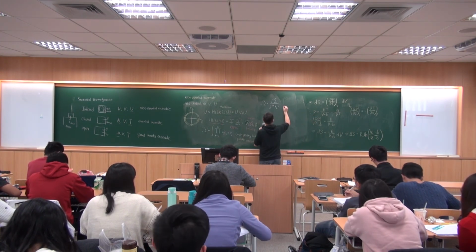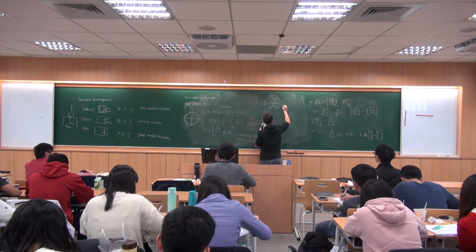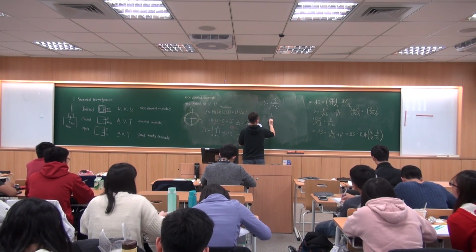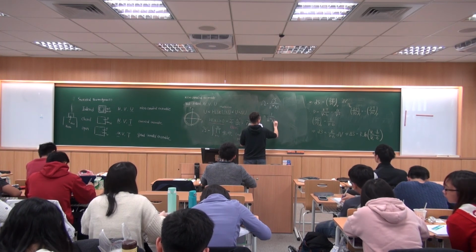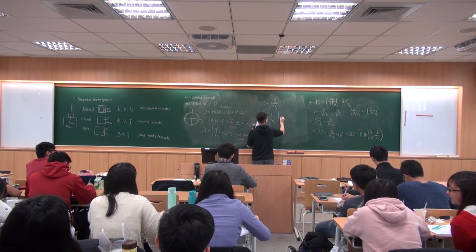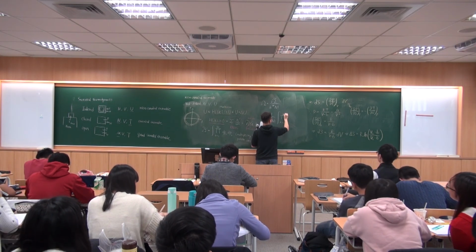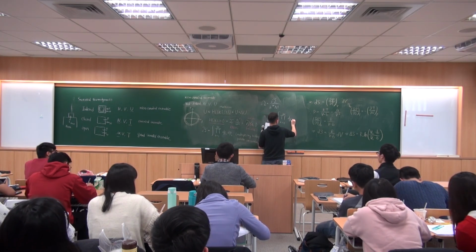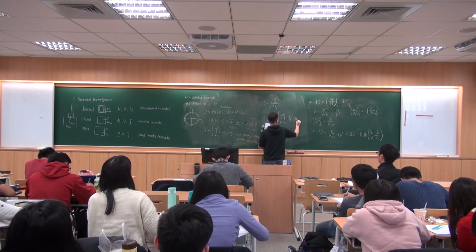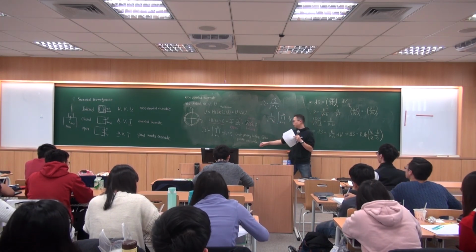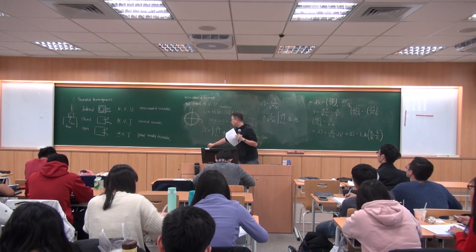So let's write this over here. This is a dimensionless multiplicity. We know that multiplicity should be dimensionless, right?